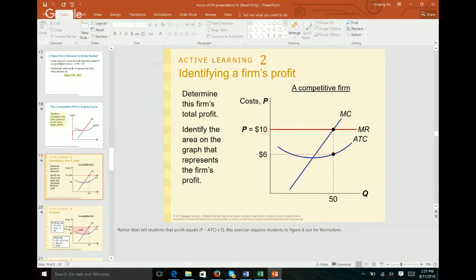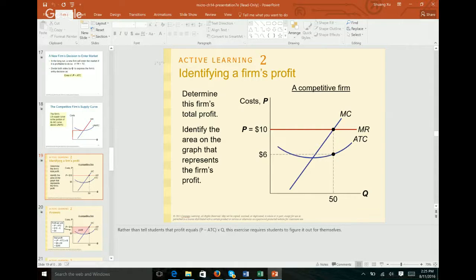Now this is only true for perfect competition. Any other company has a downward sloping demand curve, but perfect competition has a horizontal flat demand curve. So with this flat demand curve, price equals marginal revenue equals average revenue. So price is $10.